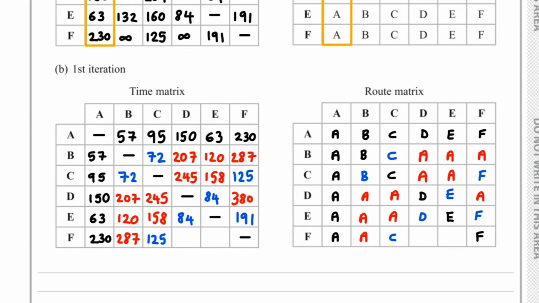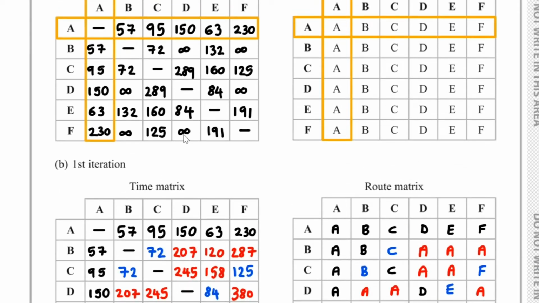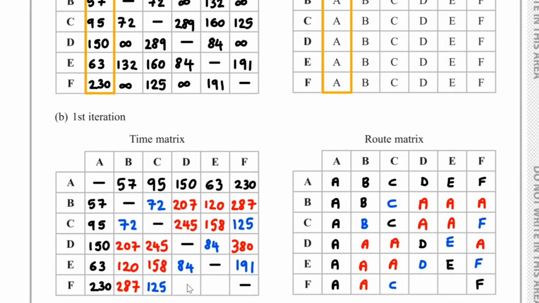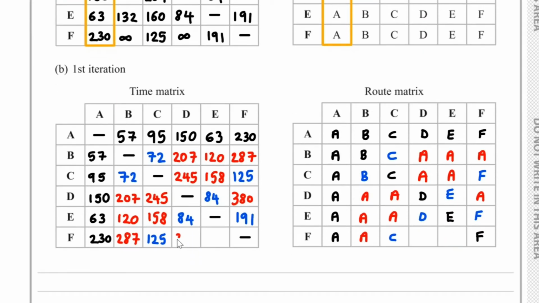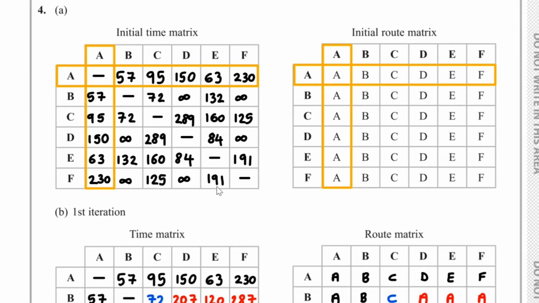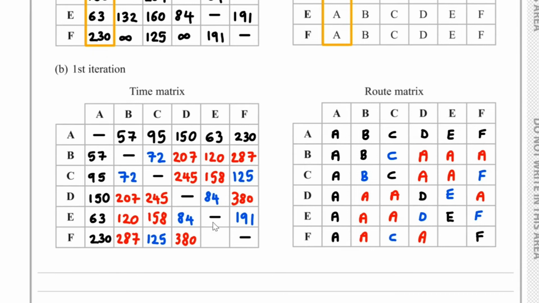Now, we compare the infinity with the sum of 230 and 150. 230 plus 150 is smaller than infinity, so this element will change to 230 plus 150, which is 380. And so the D over here will change to an A. Now here we compare the 191 with the sum of 230 and 63. 191 is smaller, so this remains unchanged, and the E will remain unchanged.